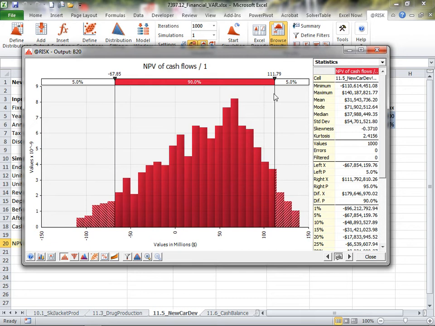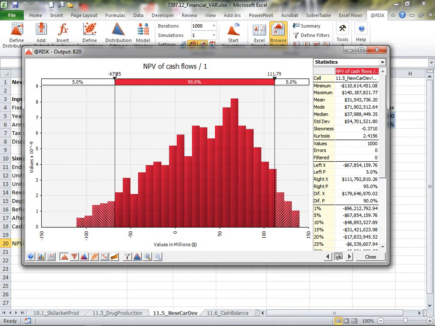But now let's look at this 5% number. That 5% number is the so-called value at risk. It tells you, low probability, but what is the likelihood that this project, what's your likelihood of experiencing a loss on this project?